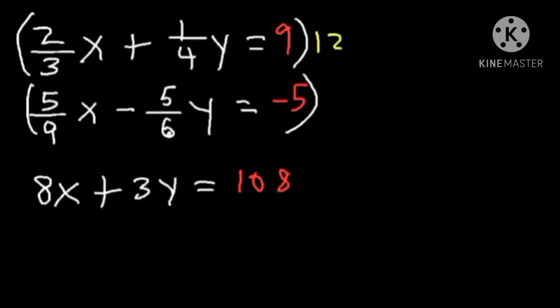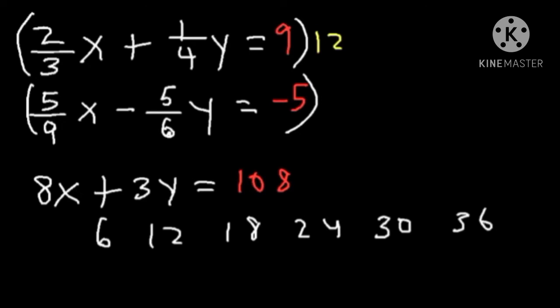Now what should we multiply the second equation by to get rid of all of the denominators? We have a 9 and a 6. What is the least common multiple of 9 and 6? Multiples of 6 are 6, 12, 18, 24, 30, 36. Multiples of 9 are 9, 18, 27, 36.